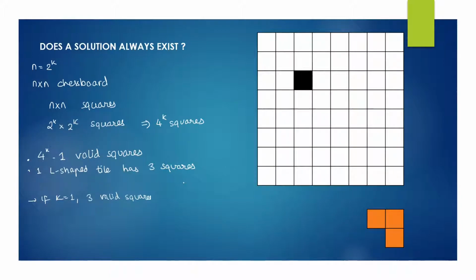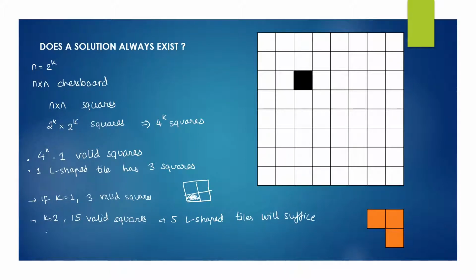So for k equal to 1, it's basically just a 2 cross 2 tile with one square as defective, the one which I've shaded, and for the rest 3 squares you can place the tile on here, right? Similarly, for k equal to 2, you have 4 to the power 2, that is 16 minus 1, so 15 valid squares. And for one tile you have 3 squares, so that means 5 L-shaped tiles would suffice. Alright.